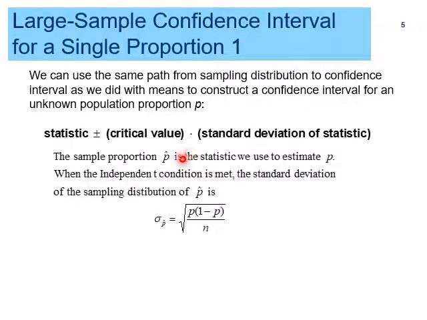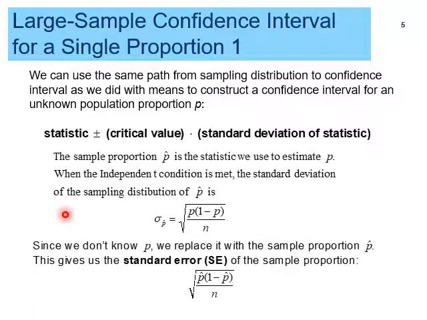The sample proportion p hat is the statistic we use to estimate p, the proportion of the population. When the independence condition is met, the standard deviation of the sampling distribution of p hat, sigma p hat, is equal to the square root of p times (1 minus p) divided by n. We should memorize this formula. We already used it earlier in chapter 5.